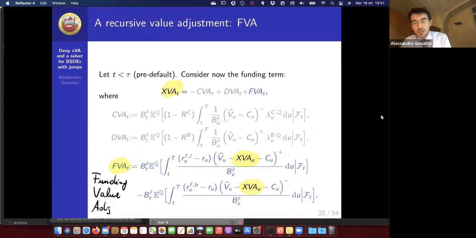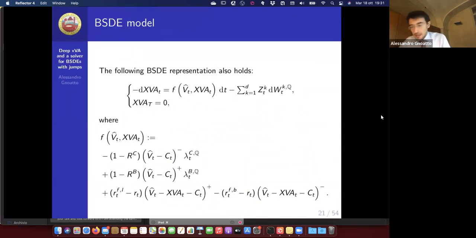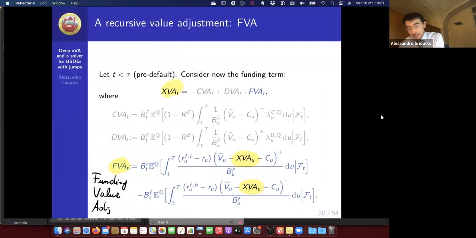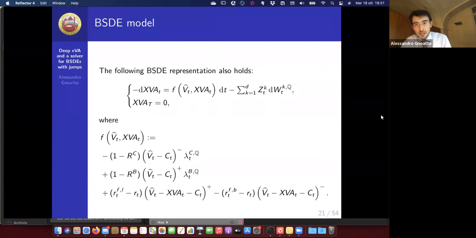So I have a recursive structure of the pricing equation, and this will require a different treatment. It means that here valuation is really non-linear. So now the BSDE that I need to consider is really a non-linear BSDE.